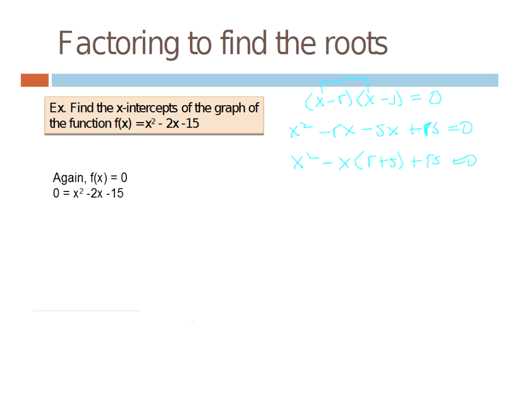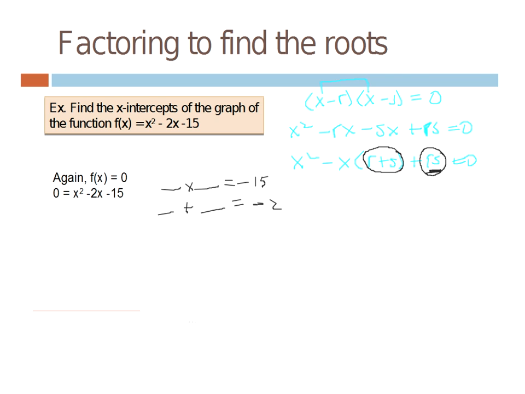So what we see is that my B value has to be R plus S, and my C value is R times S. So in this case, I'm looking for two numbers who multiply to give me negative 15. That's my C value. And they're going to add to give me my B value, which is negative 2.